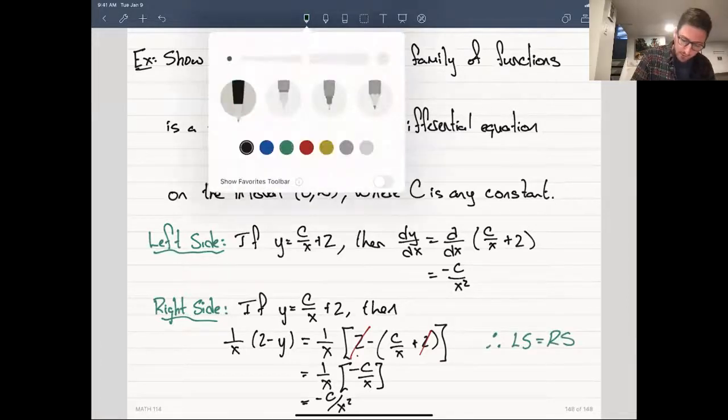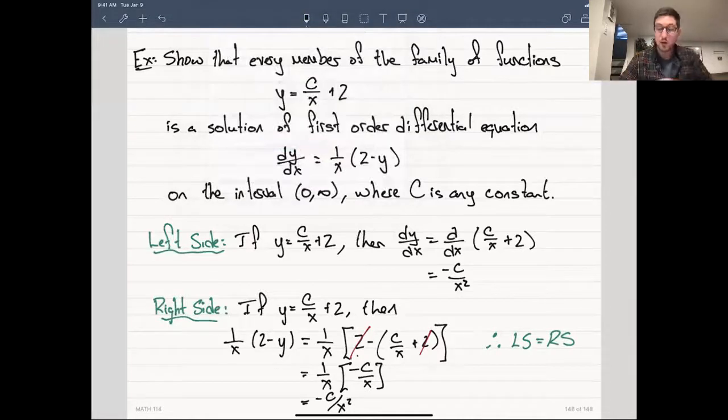So this tells me that if I take the derivative of my function that I was given, y is equal to c over x plus 2, the derivative of that thing is equal to exactly 1 over x times 2 minus y. So therefore, this function satisfies my differential equation. This is a solution to the differential equation.